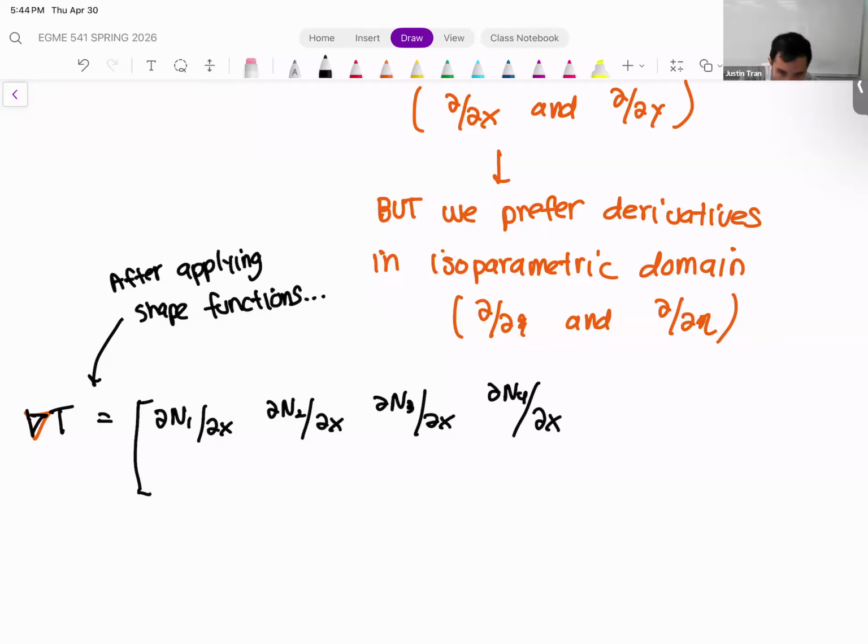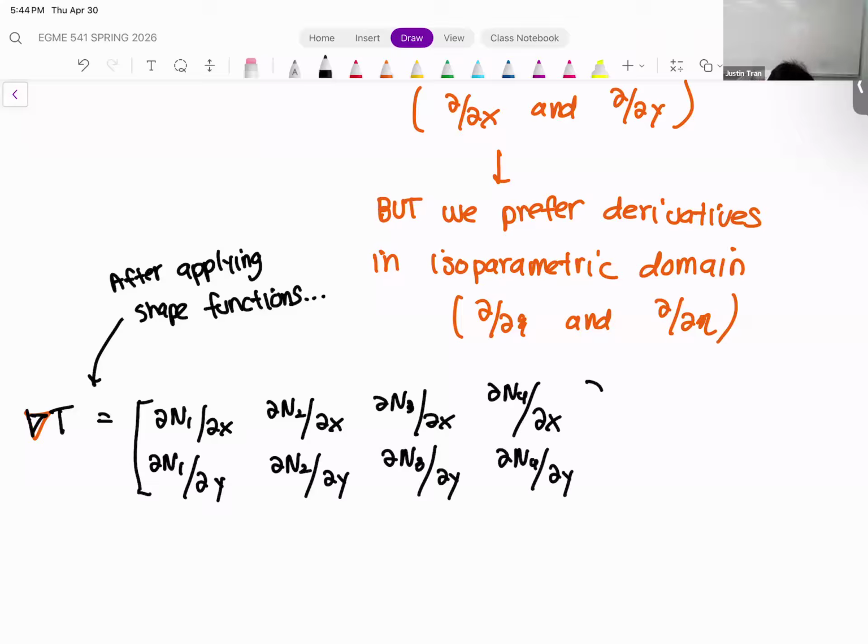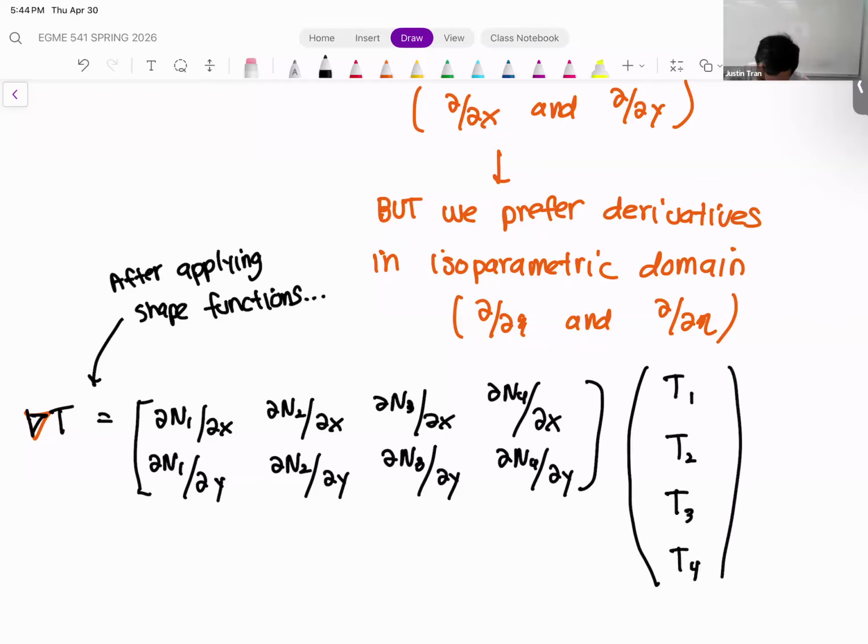Then we have the y derivatives on the second row: partial N1 partial y, partial N2 partial y, partial N3 partial y, partial N4 partial y. This is multiplied by our vector of nodal solutions, T1, T2, T3, T4.